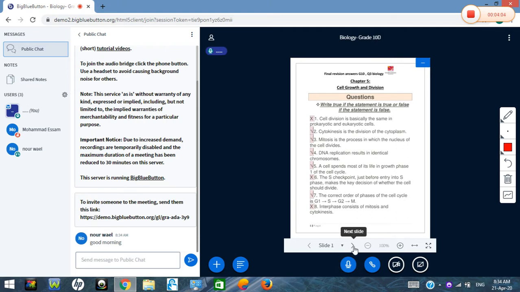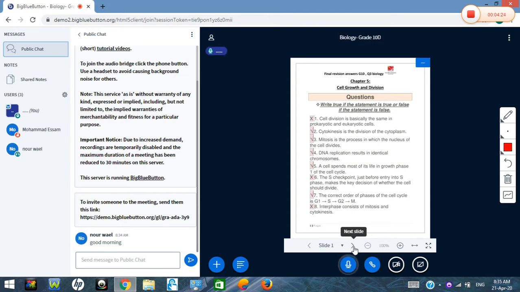Again, G1, the first phase of interphase, the first stage of the cell cycle. During G1, the cell increases in size and some organelles are made.